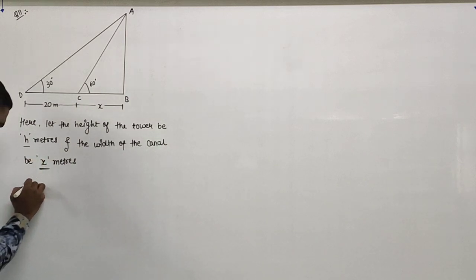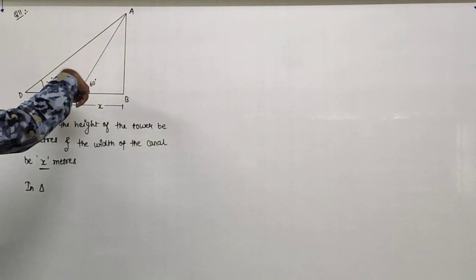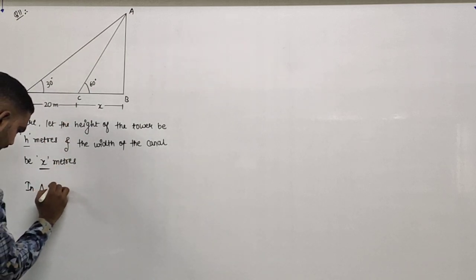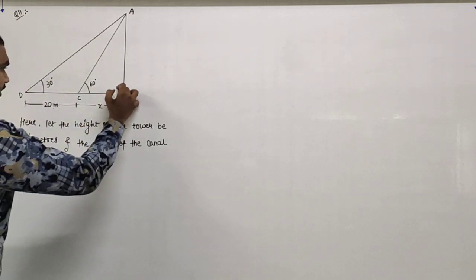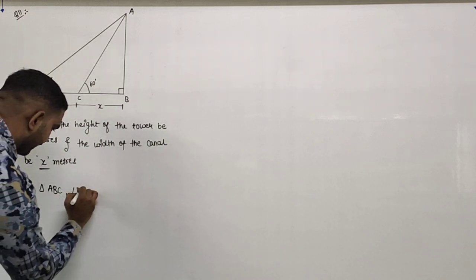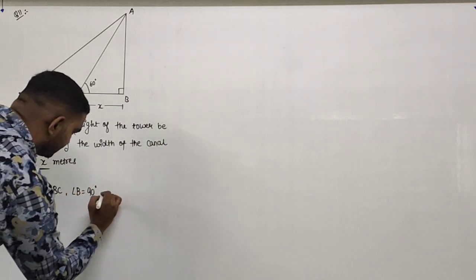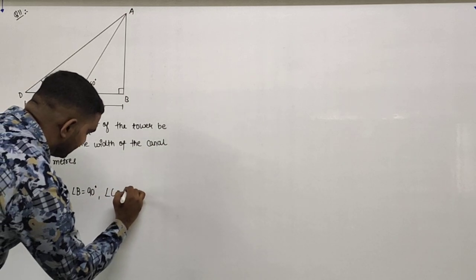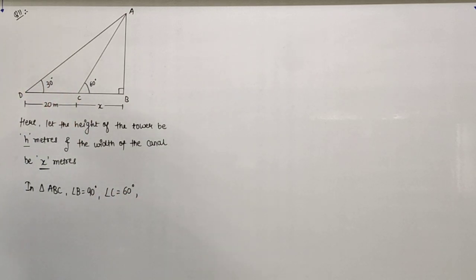So we are having two triangles. First of all, the smaller triangle, triangle ABC. Taking this angle B as 90 degrees, angle B is equal to 90 degrees, angle C is equal to 60 degrees.